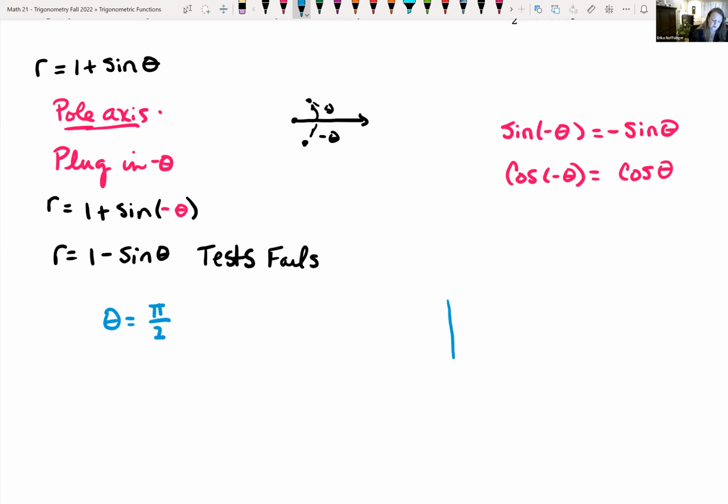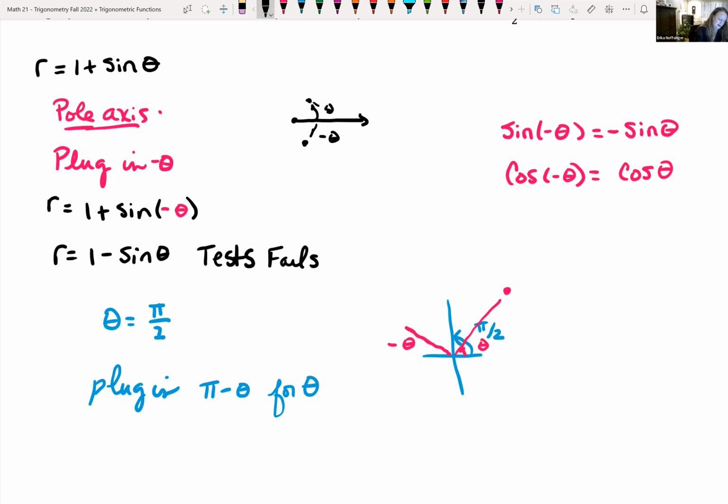If it's symmetrical across theta equals pi halves, that means that for some value theta, our reflected angle here is going to be pi minus theta. So we plug in pi minus theta for theta.